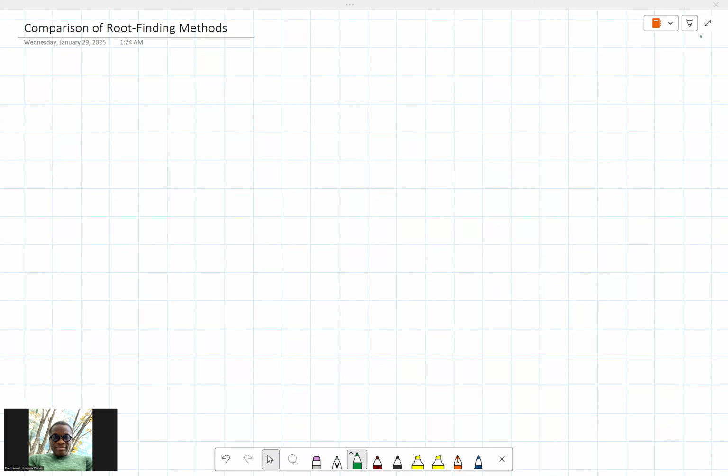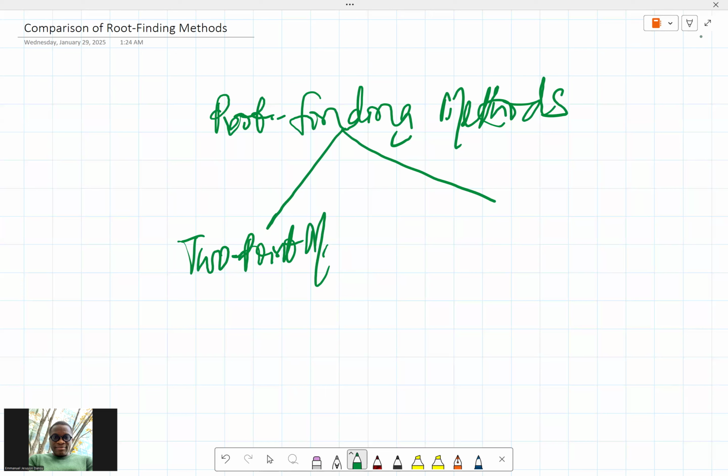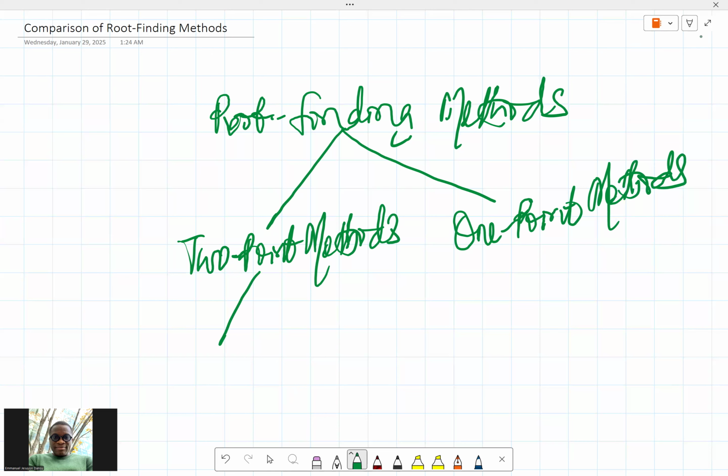We have the following root finding methods, especially for nonlinear functions, broadly classified into 2-point methods and 1-point methods. The 2-point methods require either two initial guesses or an interval within which the solution lies.